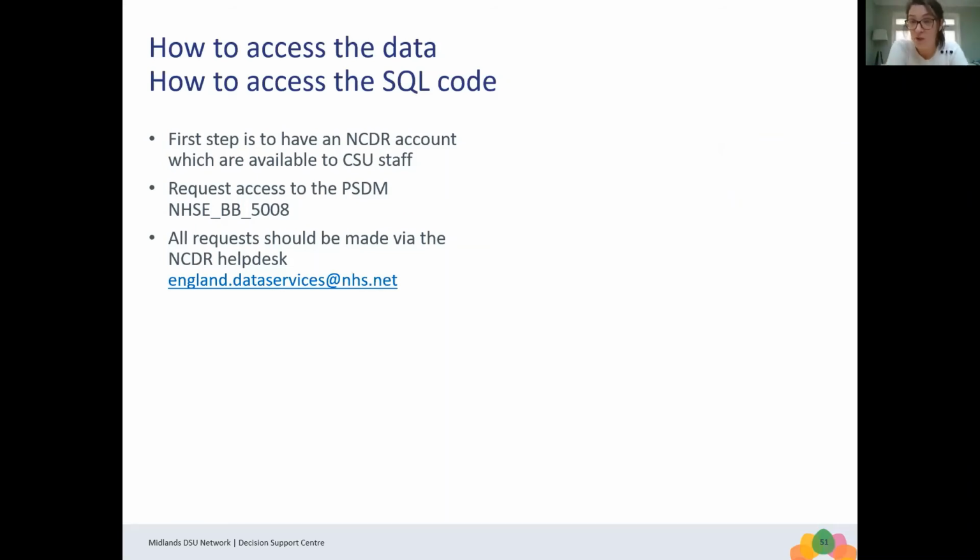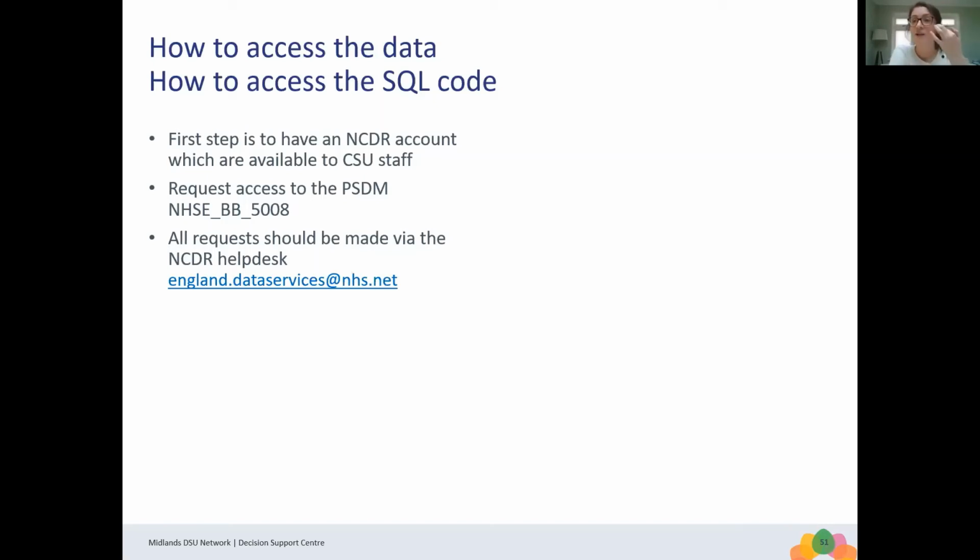Having talked through what we've done, hopefully people will also want to access this and do their own local analysis. The first step is to have an NCDR account to access their data warehouse, and those are available for CSU staff.